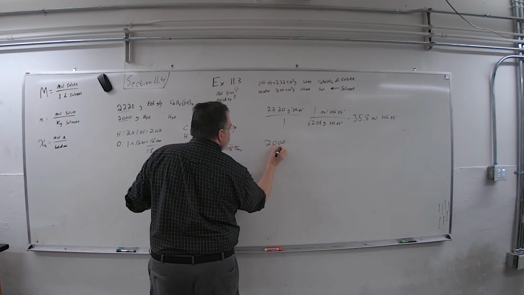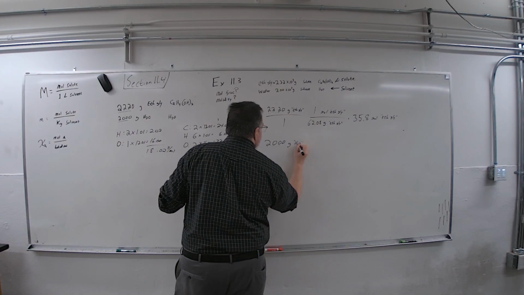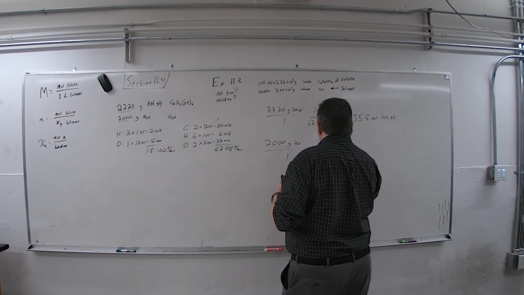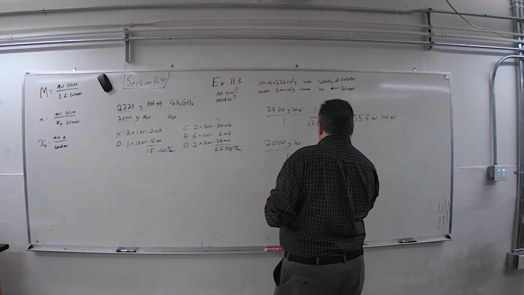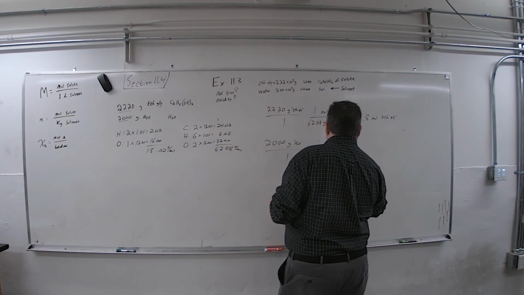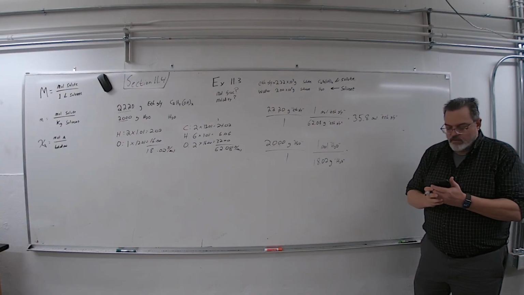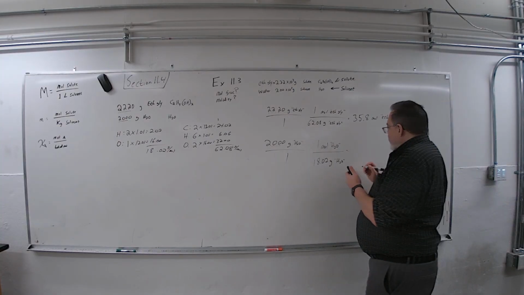This is really 3 significant figures. 2,000 divided by 18.02.